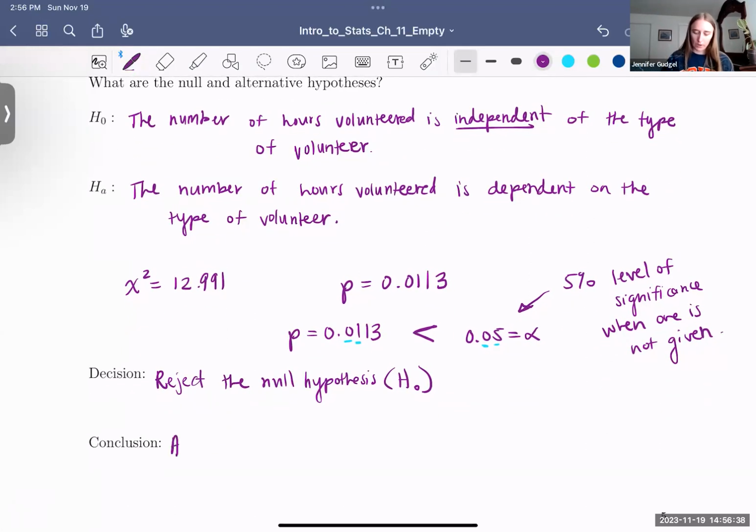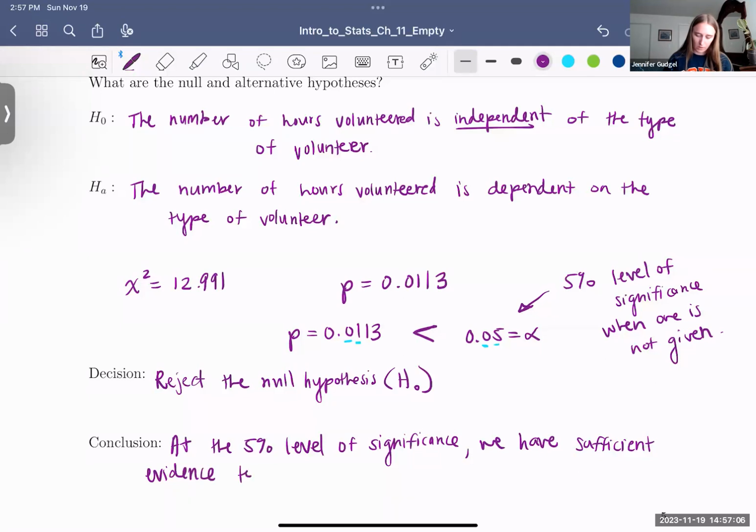Our conclusion, very similar to what it was in the past. At the 5% level of significance, because that's what we ran it at, we have sufficient or insufficient? We have sufficient evidence. Okay, we did have the evidence to support our alternative. And our alternative hypothesis was that the number of hours volunteered and the type of volunteer are dependent variables.